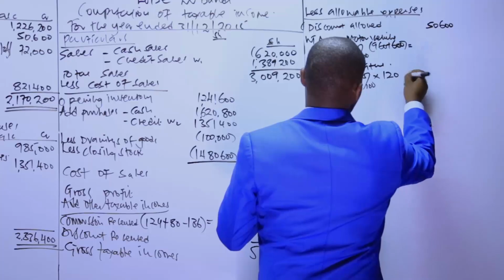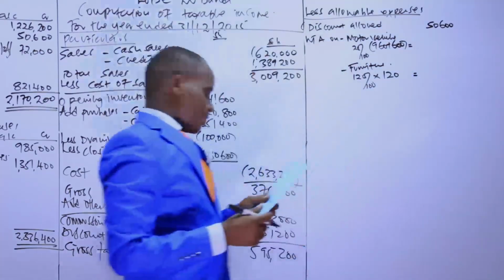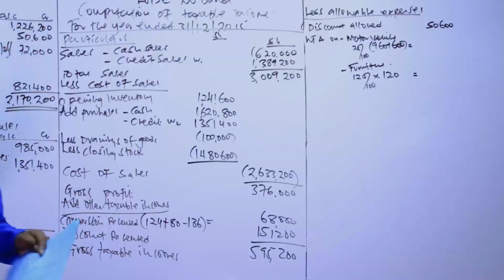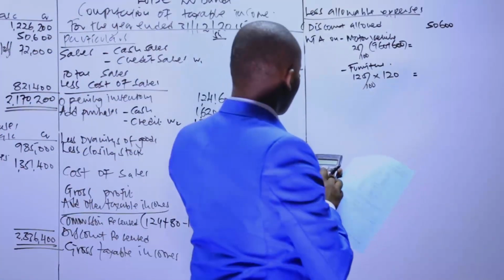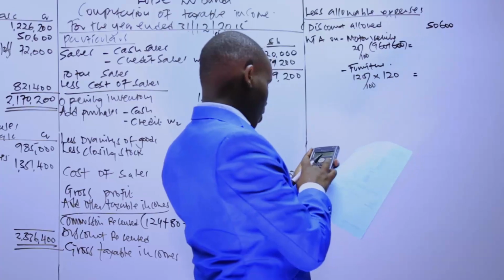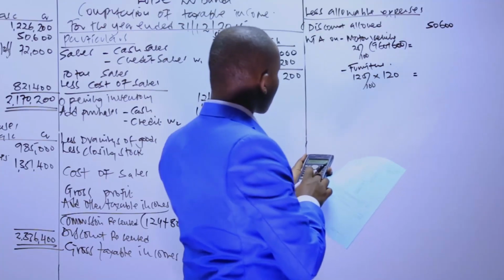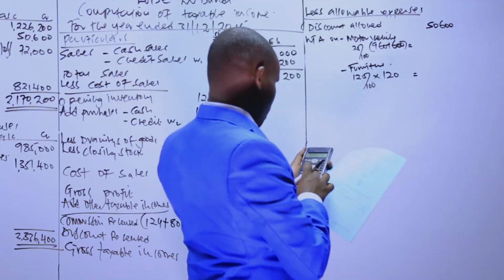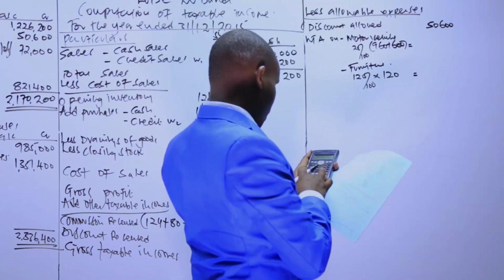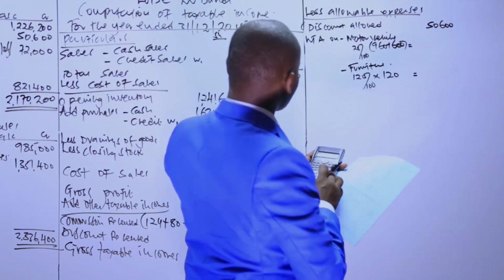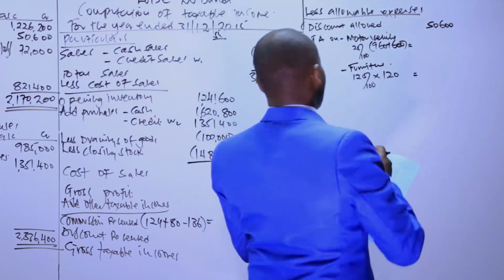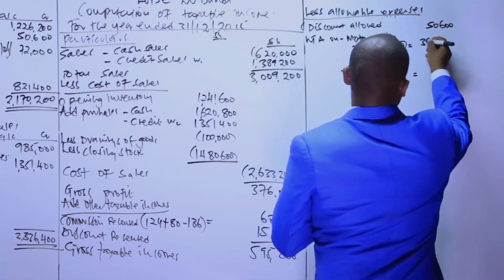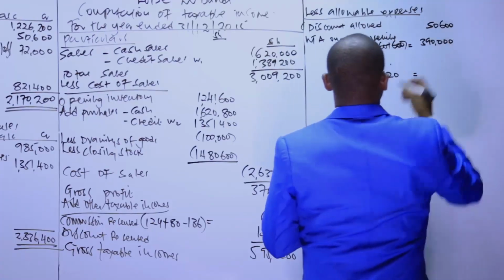So 25% times, in brackets, 1,560,000, you get 390,000.